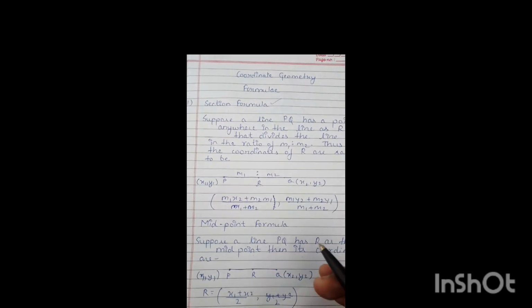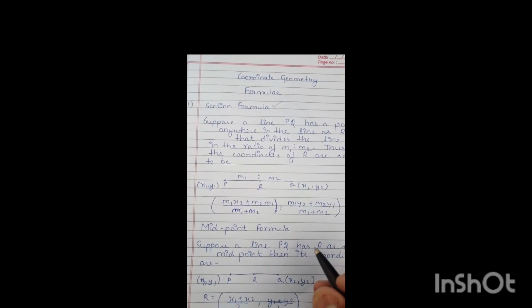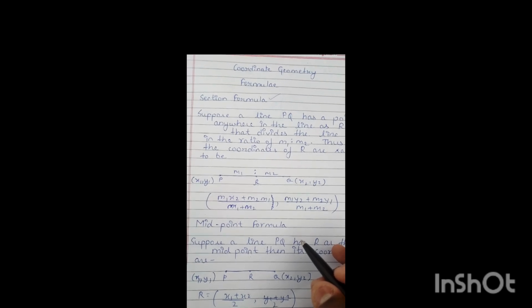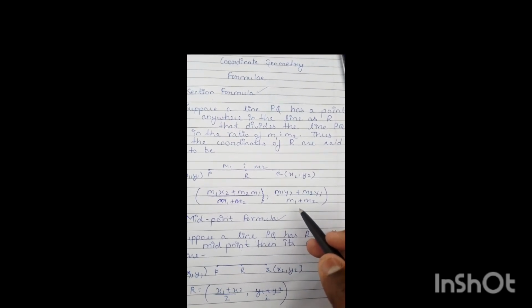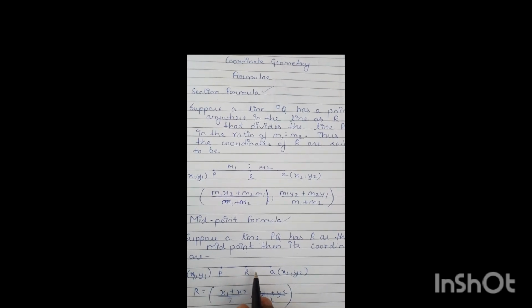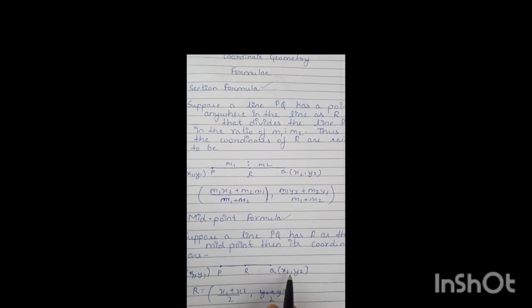Okay, so the next formula that we are going to study is the midpoint formula. Let us consider a line PQ that has R as the midpoint. In this we are going to find the coordinates of the midpoint R, where P has the coordinates x1, y1 and Q has the coordinates x2, y2.